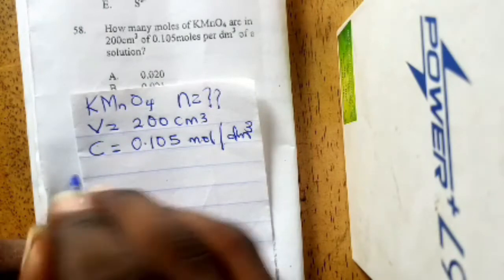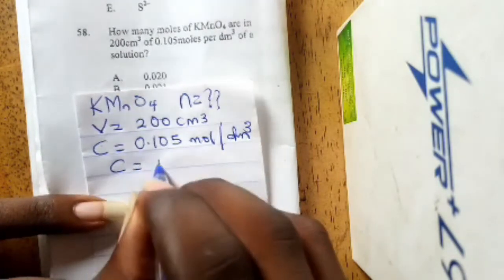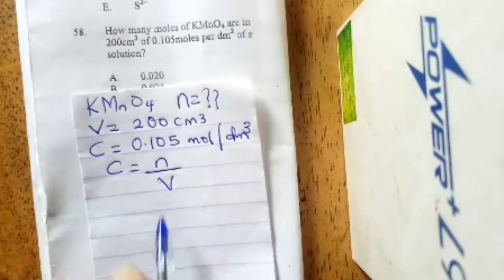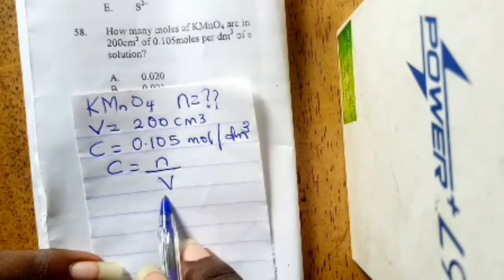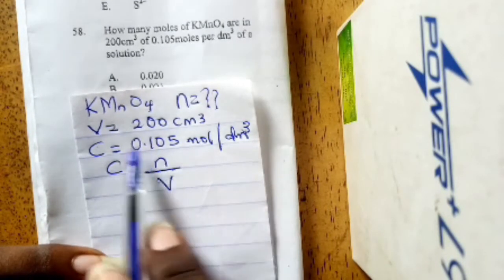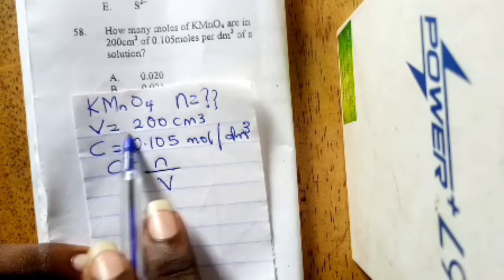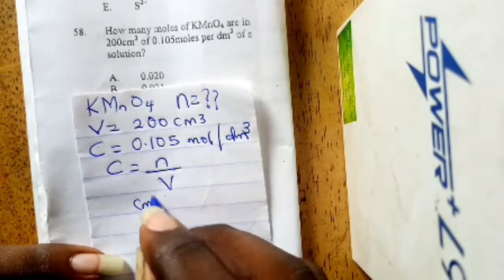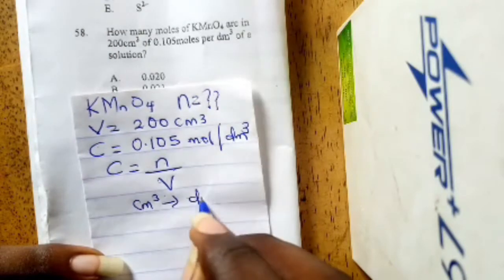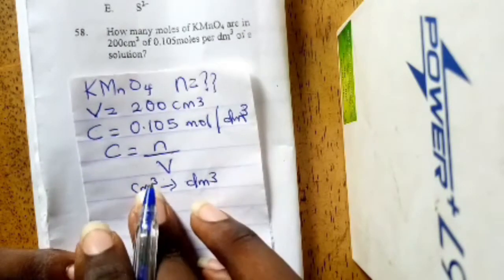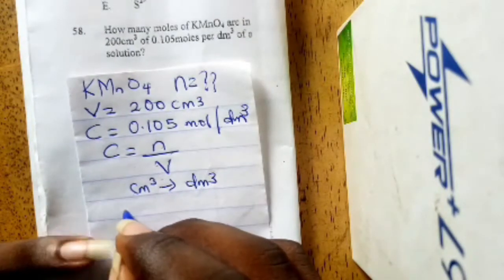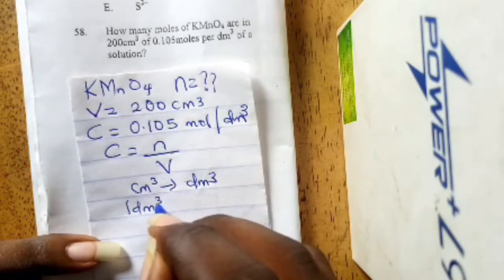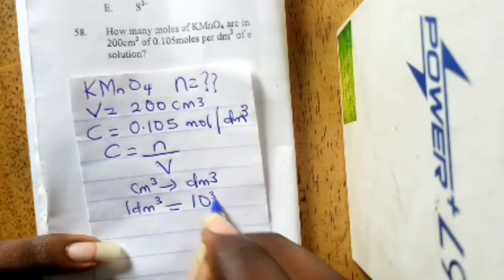Now, if you recall from one of the formulas which I gave earlier, concentration is equal to number of moles divided by the volume. We have the concentration in moles per dm cube, but our volume is in cm cube. So we have to convert cm cube to dm cube. If you recall, 1 dm cube equals 10 raised to power 3 cm cube.